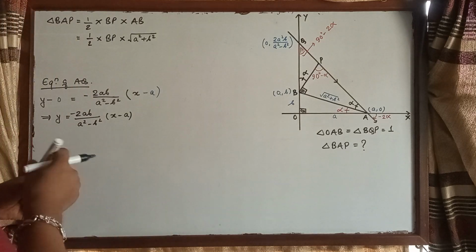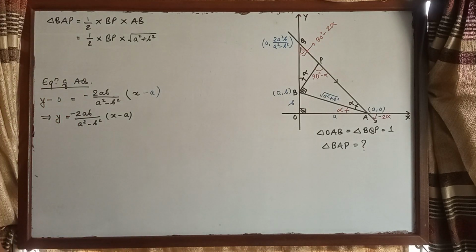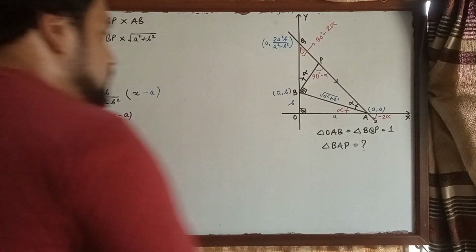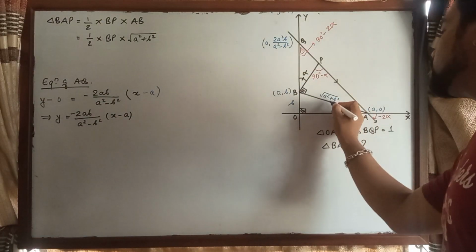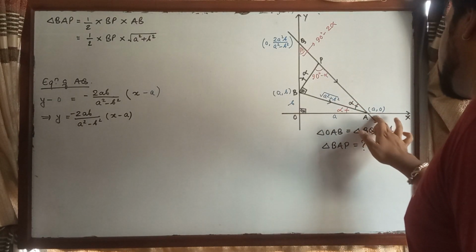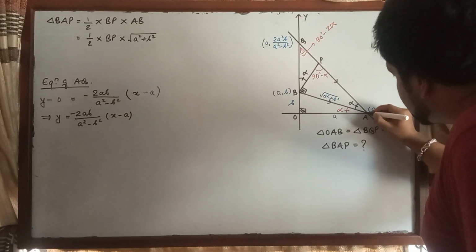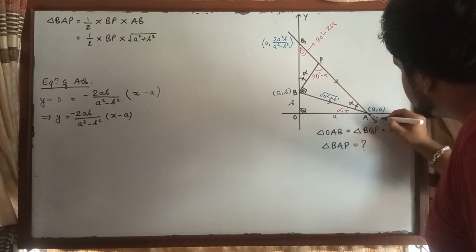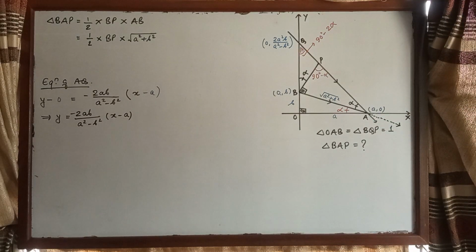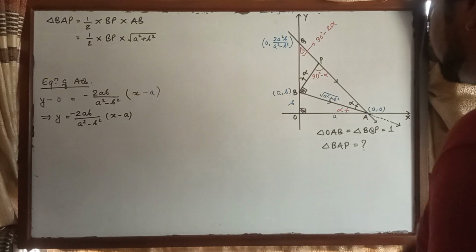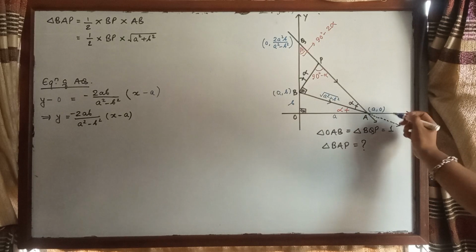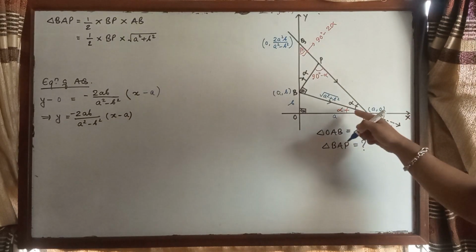Now what we need is the equation of BP. For the equation of BP, proceeding as before, we assign a direction like this. Now we're going to extend AB like this. The angle between this and this is alpha.